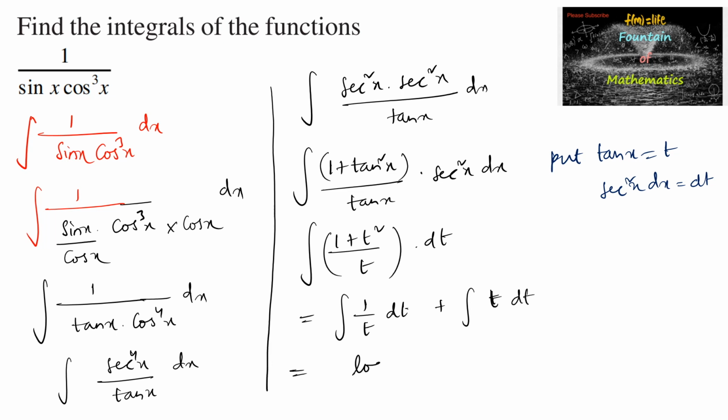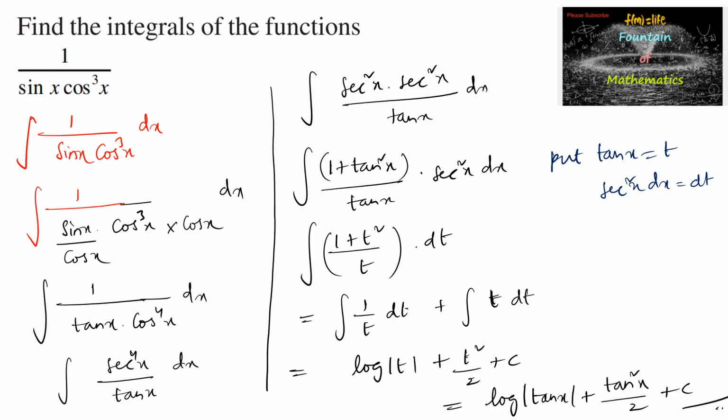Integration of 1 upon t is log mod t plus integration of t is t^2 by 2 plus constant. Let us substitute it back, t is equal to tan x. So we can write log mod of tan x plus tan^2 x upon 2 plus c is the answer.